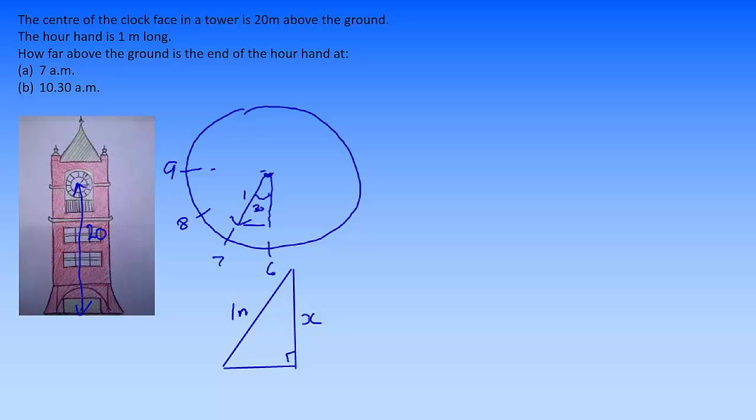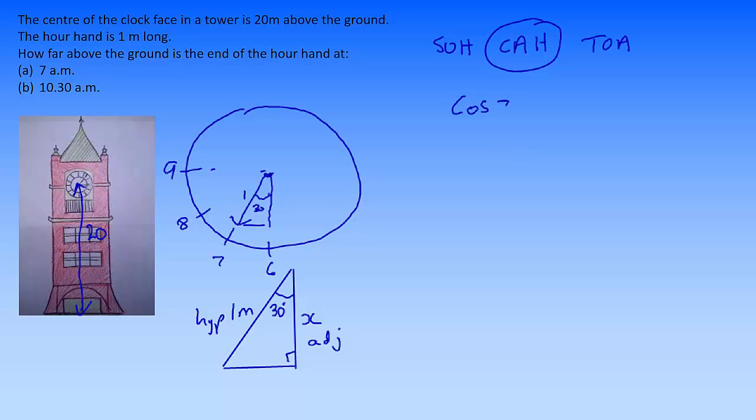We know this is 1 meter, and we worked out that this angle here would be 30 degrees. So compared to the 30, this is the adjacent, and the 1 is the hypotenuse. So SOH CAH TOA, adjacent and hypotenuse, we're using the cosine.